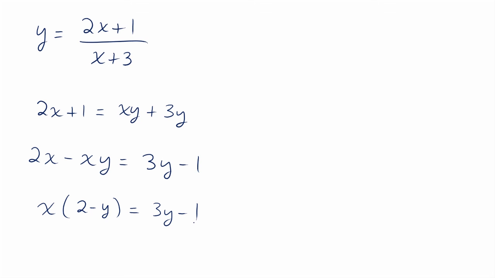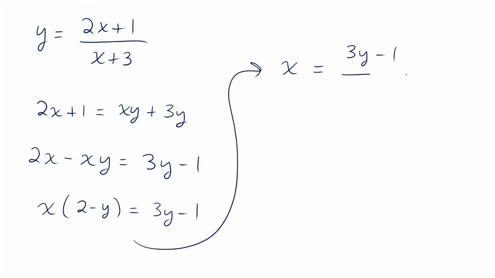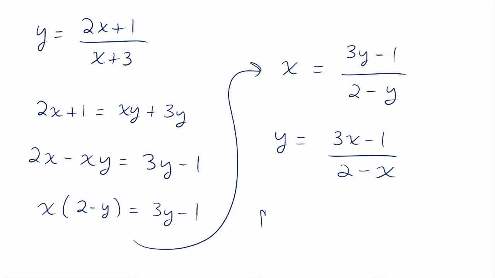Dividing both sides by the quantity 2 minus y gives us x equals 3y minus 1 over 2 minus y. We now interchange all x's and y's, so we get y is equal to 3x minus 1 over 2 minus x, and there is f inverse. So f inverse of x is equal to 3x minus 1 over 2 minus x.